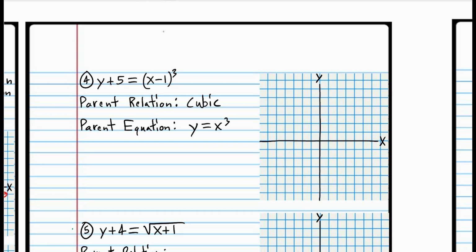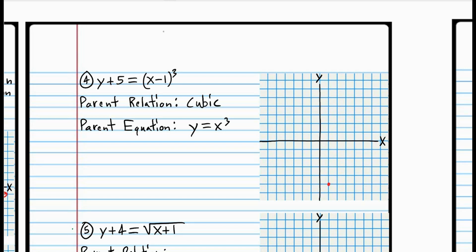But we're going to move the whole thing over 1. So we're going to use that reference point at 0, 0. We're going to move over 1, and then we're adding 5 to y. So we're going to move down 5 units. 1, 2, 3, 4, 5. Again, it's the exact opposite of what you'd think it would be. You would think that because you're adding 5 to y, you'd go up. It's not true.